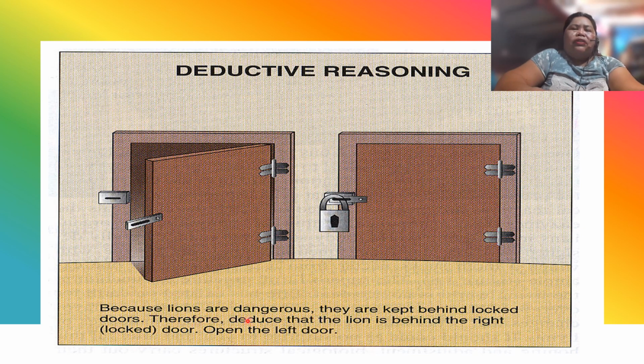Because lions are dangerous, they are kept behind locked doors. Therefore, deduce that the lion is behind the right locked door. Open the left door. Yes, it's deductive.